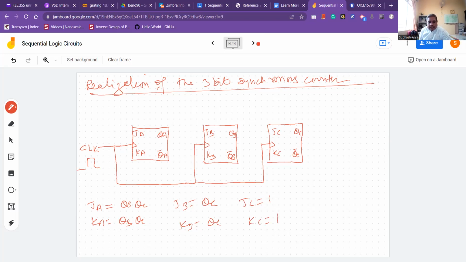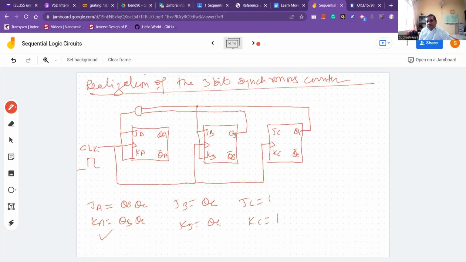So JA and KA we join together because both are receiving the same input, and put an AND gate here, with the output of QB and QC. QB is here, just QB, and this is QC. Next is JB and KB, which would join together and connect to QC.